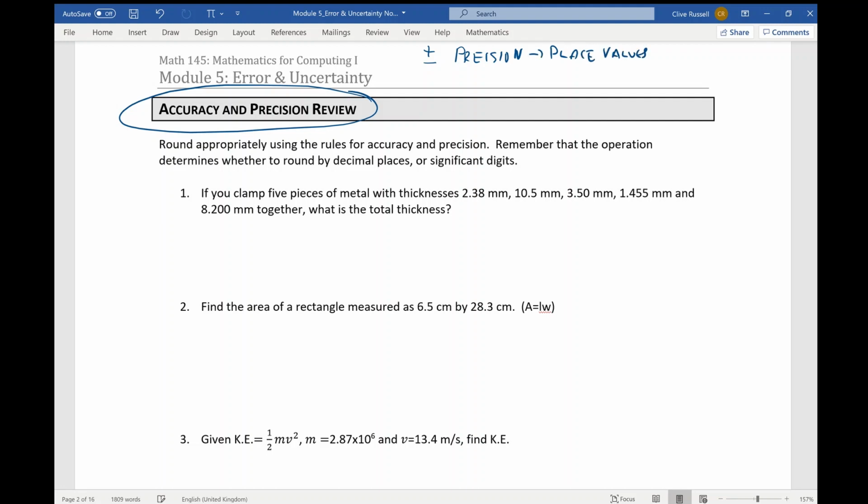When your last operation is multiplying or dividing, you round based on accuracy or the number of significant digits. If you can't remember this, just do a quick review of that week when we went through this. But we're going to do some examples here just now.